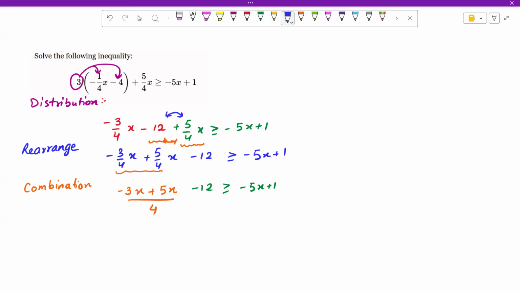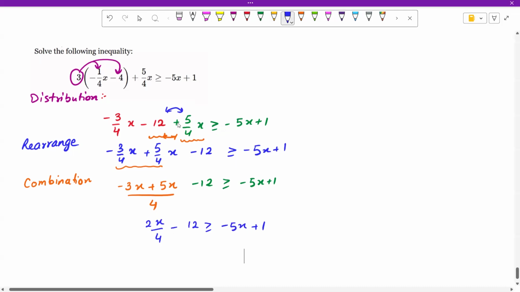Minus 3x plus 5x is equal to 2x. In the denominator there is a 4, negative 12 greater than or equal to minus 5x plus 1.